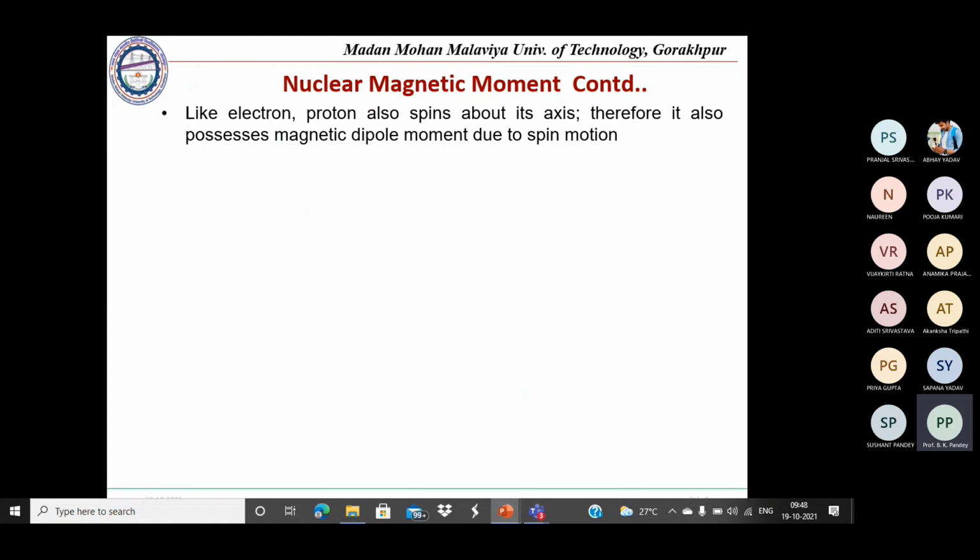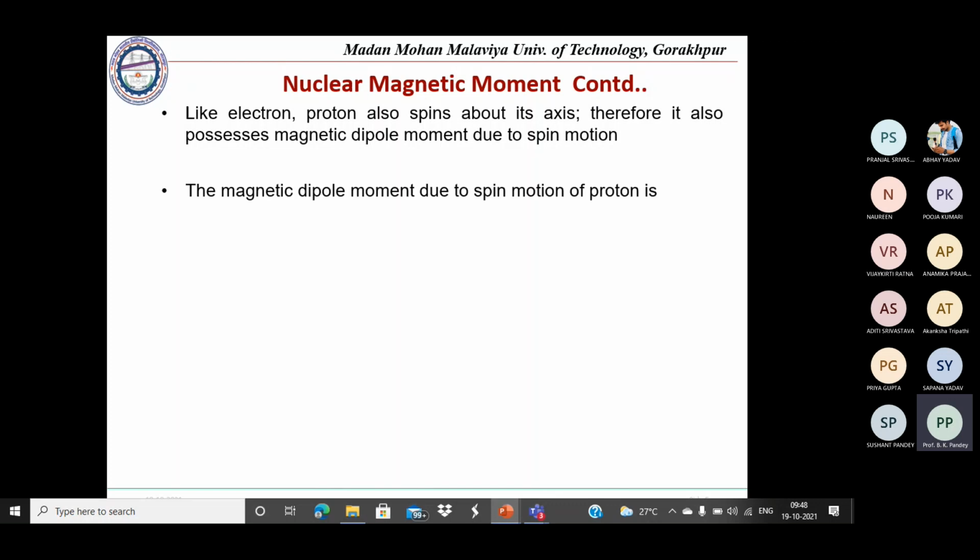Like electron, proton also spins about its axis. Therefore, it also possesses the magnetic dipole moment due to the spin motion.